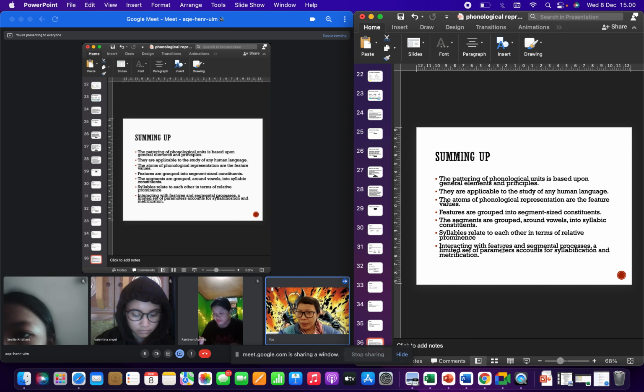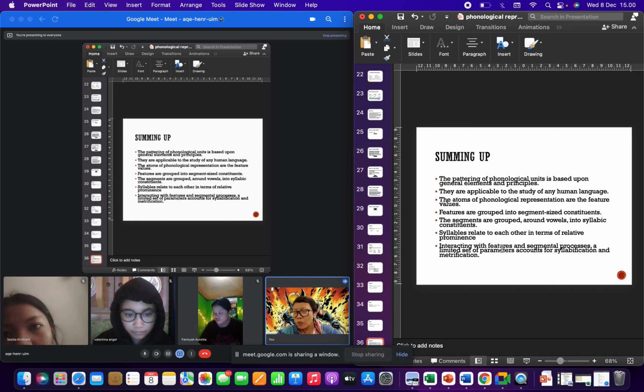And the syllables that we already know so far relate to each other in terms of relative prominence. So we can say that interacting with the features and the segmental processes means that we have a limited set of parameters of the sounds that we use for understanding the syllabification and metrification of the sound.